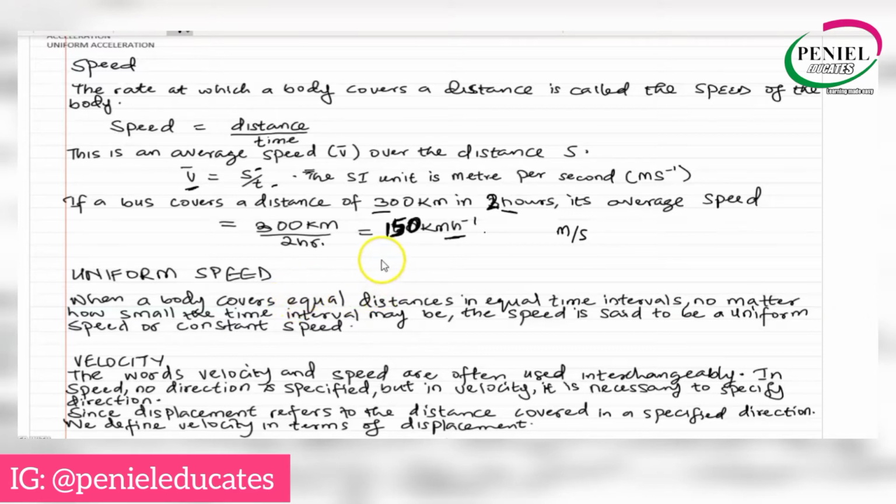So when a body, within let's say 2 hours, covers 200 kilometers, then in another 2 hours interval it covers another 200 kilometers, you see that it is covering equal distance in equal time.